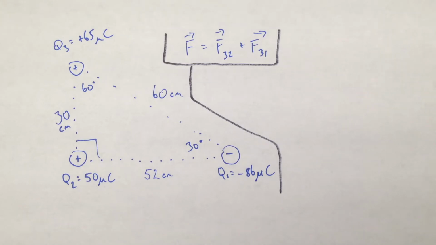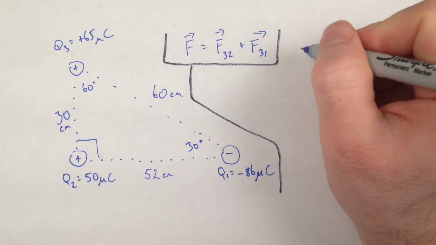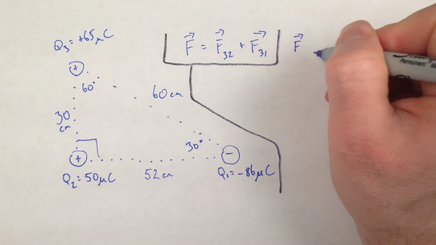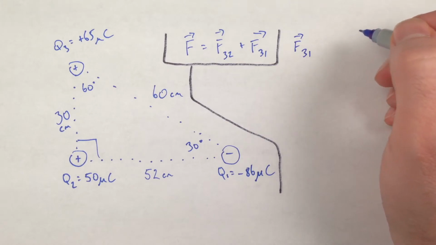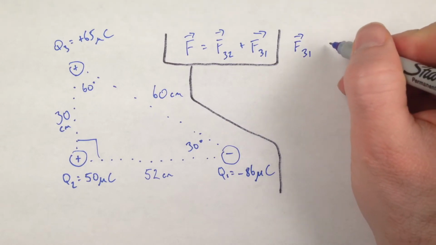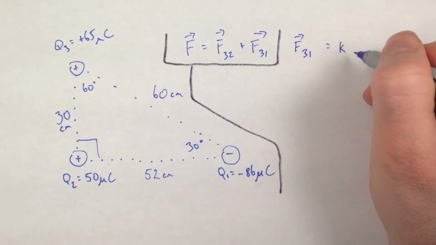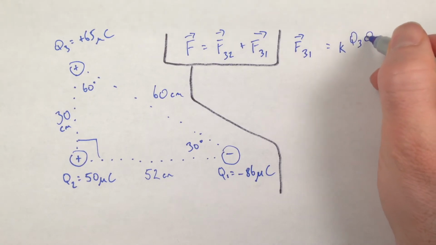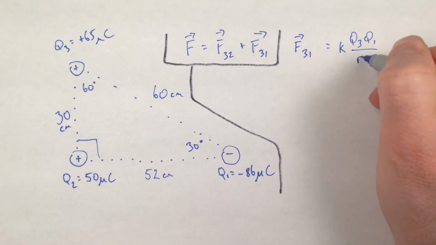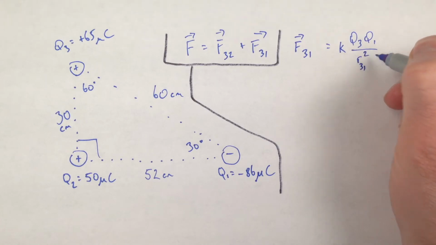So the force of object 3 on object 1, bearing in mind, is K times Q3 times Q1 over the distance between 3 and 1 squared.